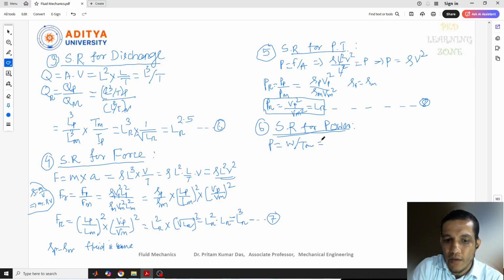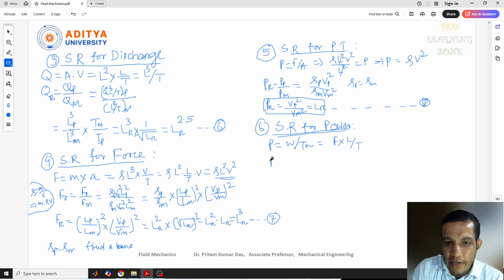Actually, before power we can discuss some other things like work, energy, torque, distance, momentum. Those also can be discussed, and we can calculate the same ratios. Let's see for the power. For power we'll write work per unit time, which we can write as force into length per T, that is F into L by T.